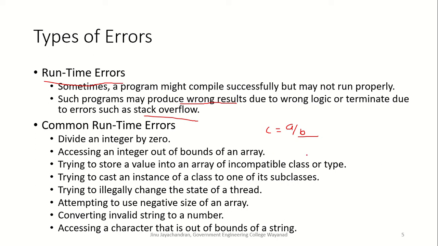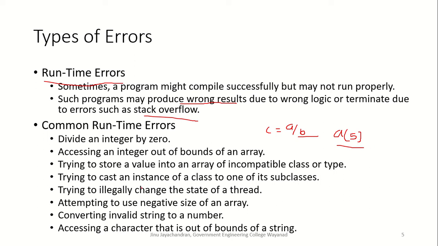You might have declared an array a whose size is, let's say, 5, and then you are trying to access the 6th element of the array, which is not possible because your array size itself is 5. When you try to access the 6th element, it is out of index. That is called an out of index array.